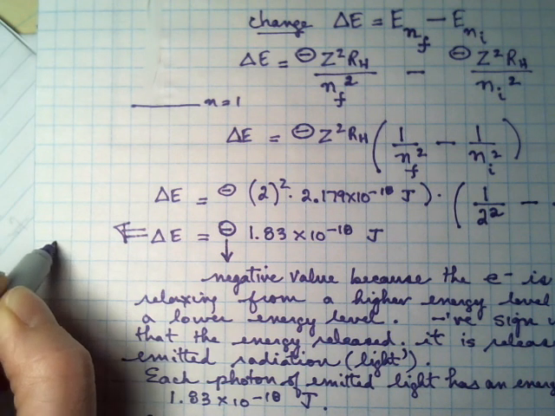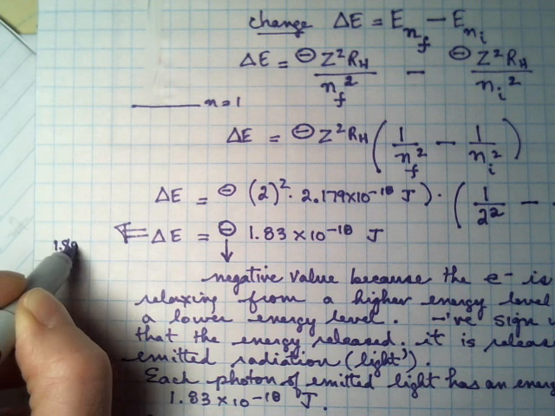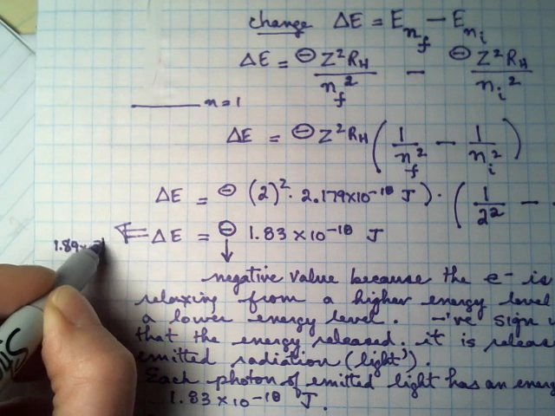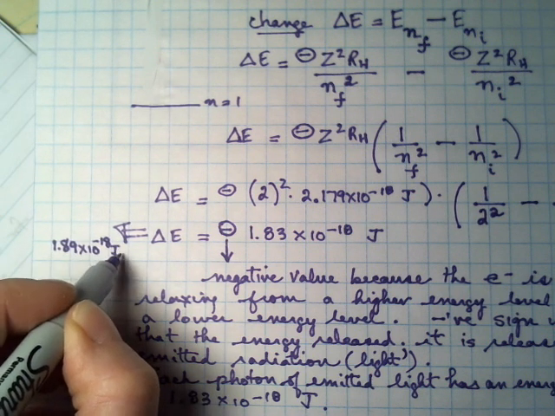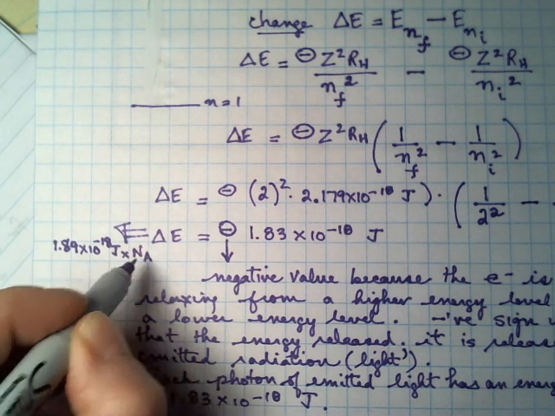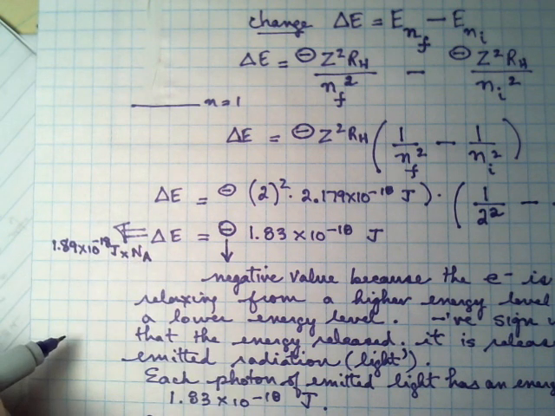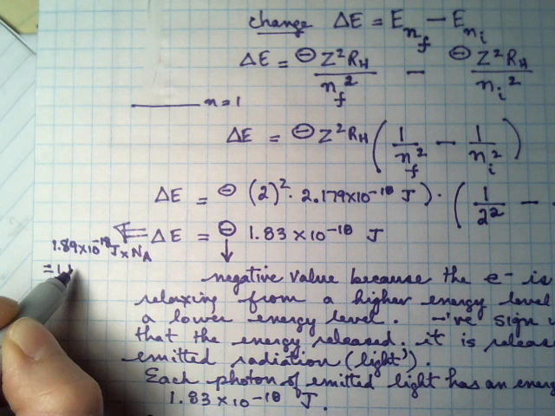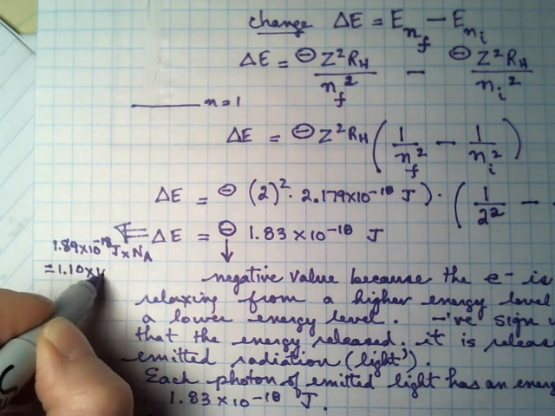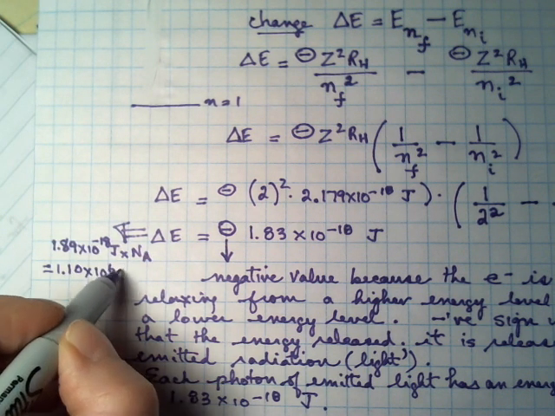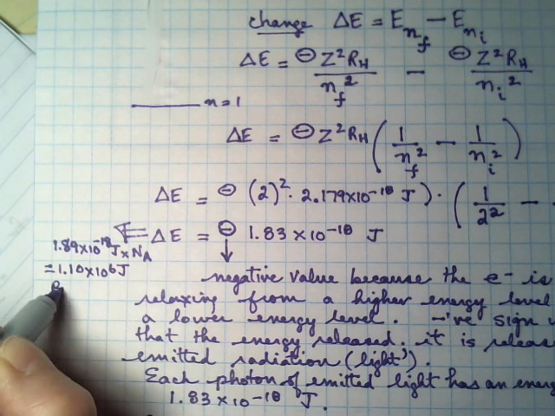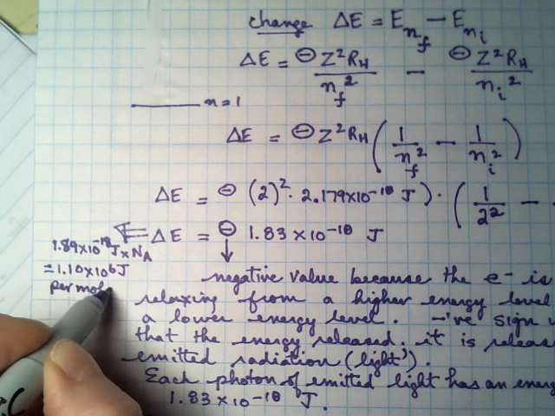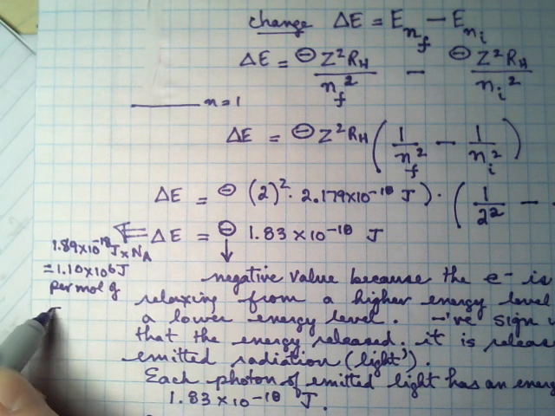That would be 1.89 times 10 to the minus 18 joules, and multiply it by Avogadro's number, which I'm just going to symbolize as Na. And the solution is 1.10 times 10 to the 6 joules per mole of electrons relaxing.